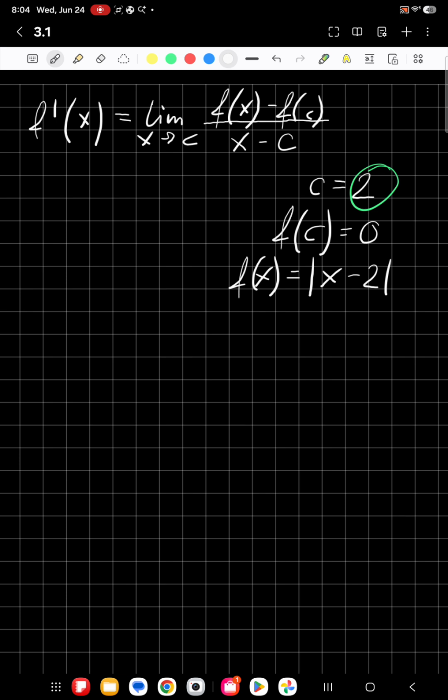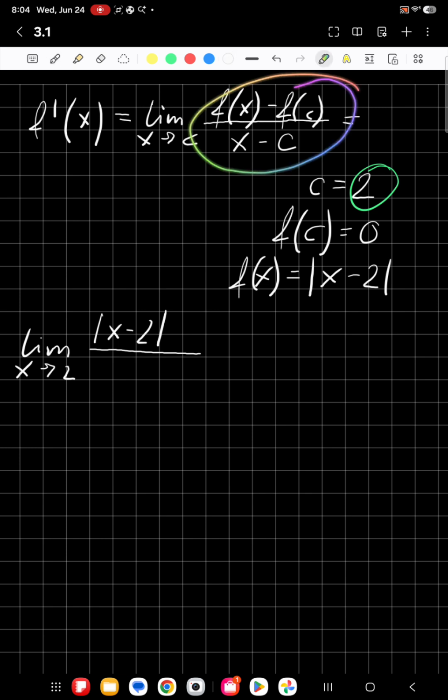Okay, so let's try to calculate that limit. That's going to be the limit with x approaches 2 of f of x, so absolute value of x minus 2, minus f of c. Right, I'm just using this definition. f of c was 0, so minus 0.